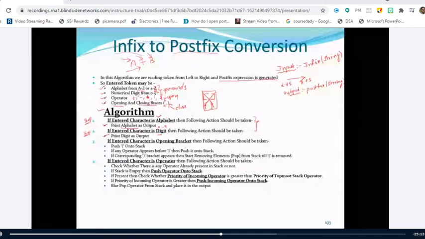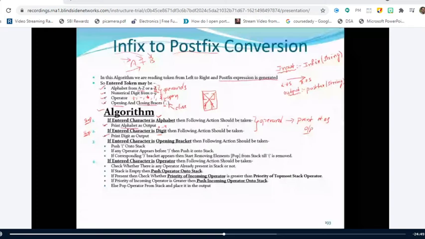They constitute the operands. Is it right or not? Alphabets and digits mean operands. So when you come across an operand, what do you have to do? Only one task: you print it as output. That's it. Is it clear up to this point?